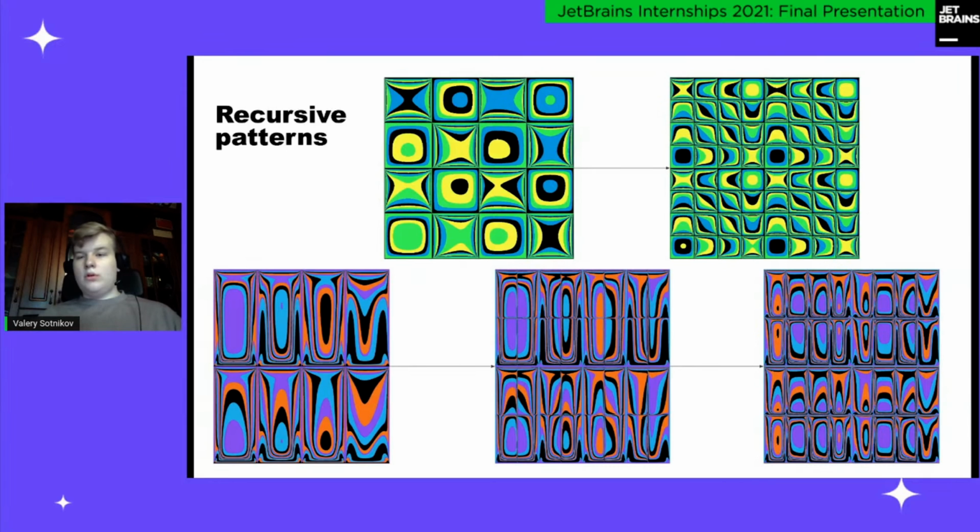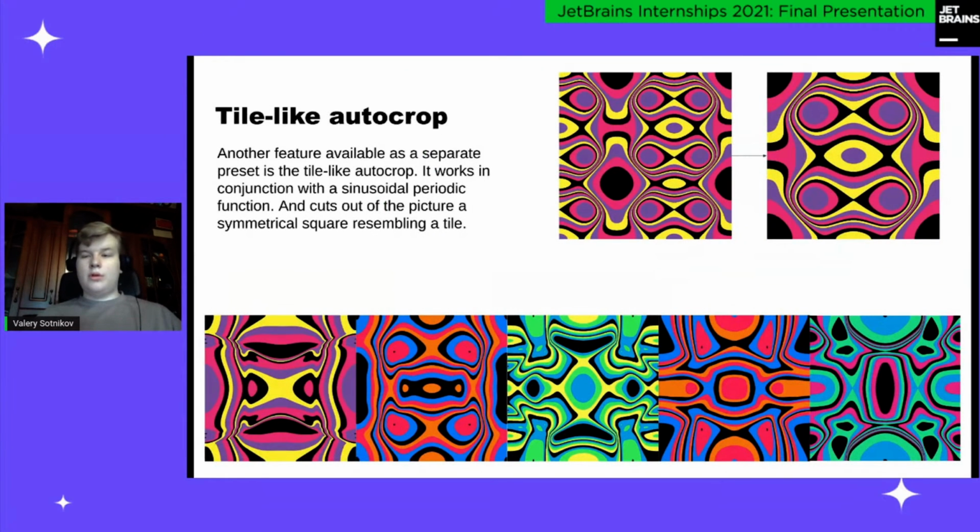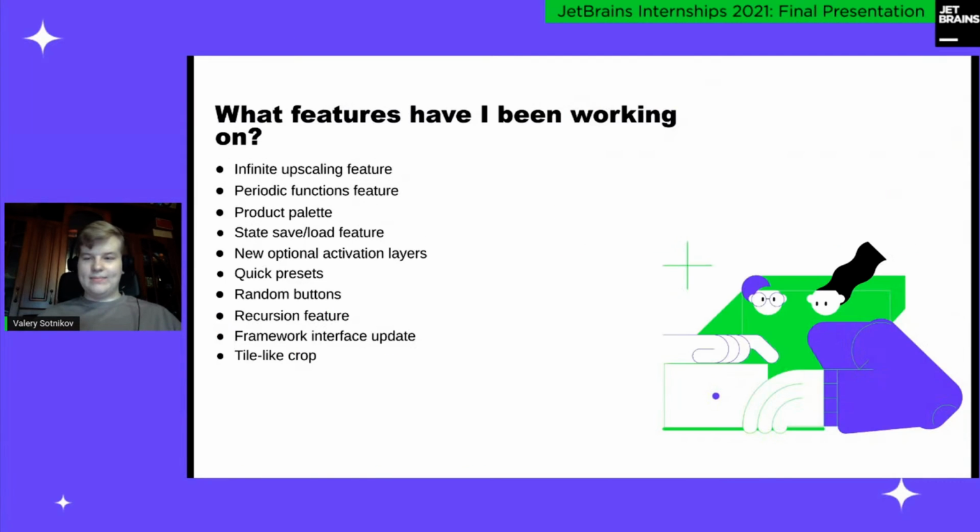I also worked on an algorithm that allows you to cut square tiles from images generated using a sinusoidal function, the center of which always corresponds to the center of the pattern symmetry, so you can create pretty cool tile-like pictures, as you can see on the slide. It looks like Hawaiian totems or masks or some tiki style culture things.